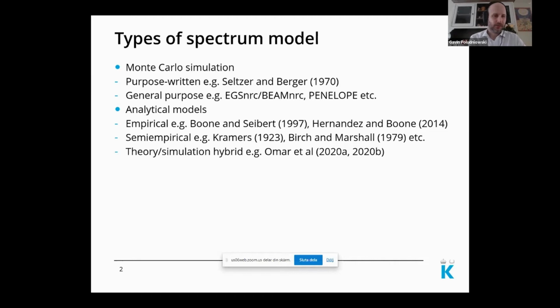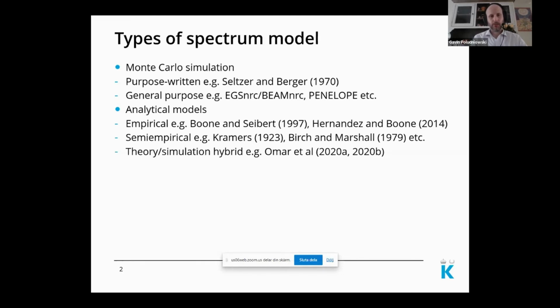And I'm making this distinct from semi-empirical in the sense that it doesn't have any parameters which are fit. So, for example, you might simulate the electron transport of the electrons in the target, and then use some theoretical results for the Bremsstrahlung part. It's not always clear whether a particular model is semi-empirical or theoretical, but it's a useful way to think about things.